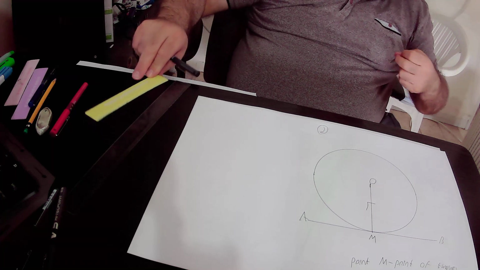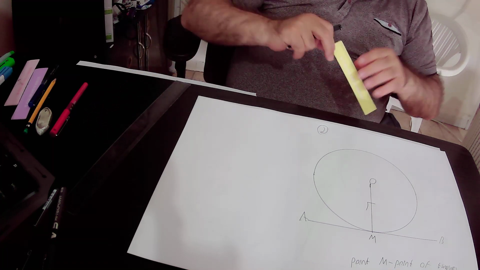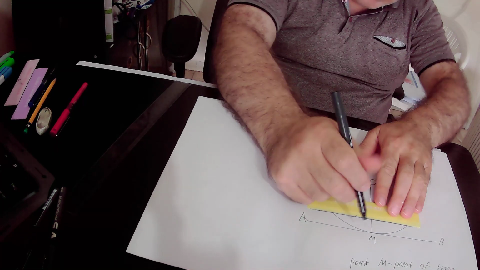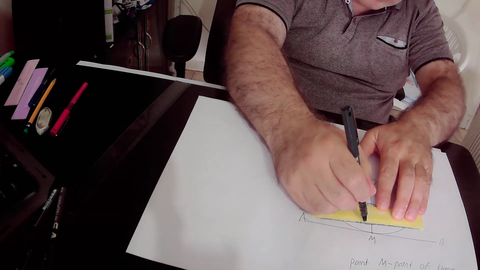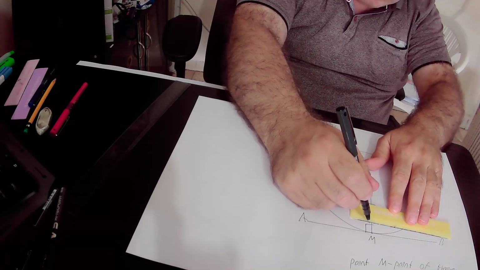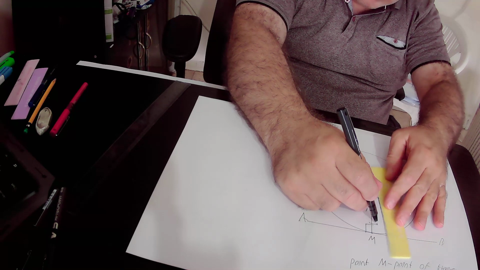Therefore, according to rule number 1, the tangent AB will be perpendicular to this radius. That is to say, this angle will be equal to 90 degrees, and this angle will also be equal to 90 degrees.